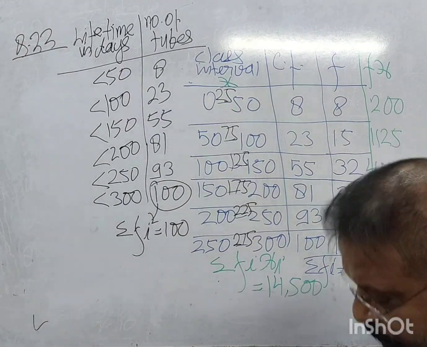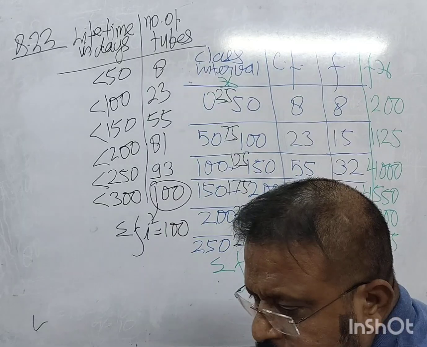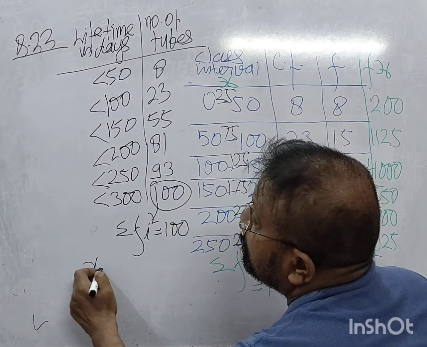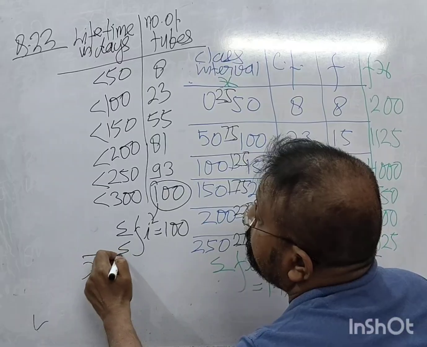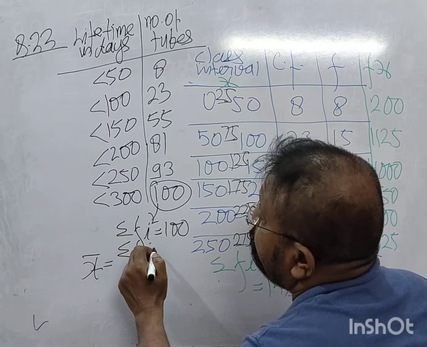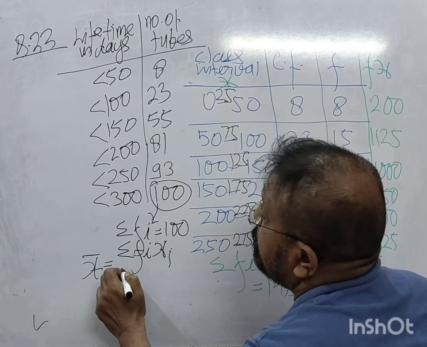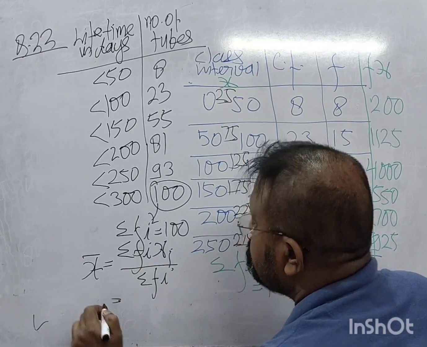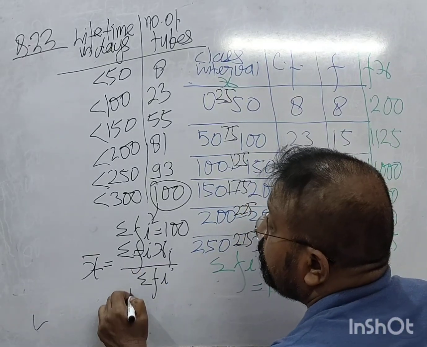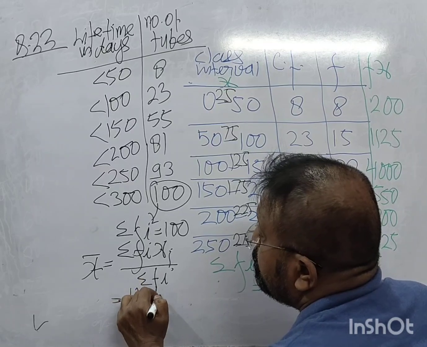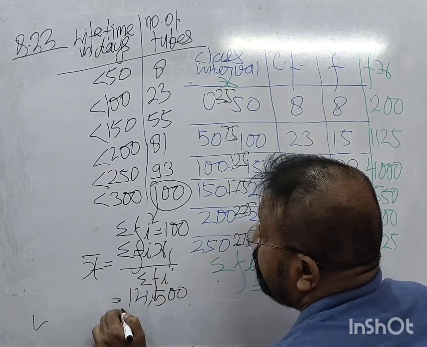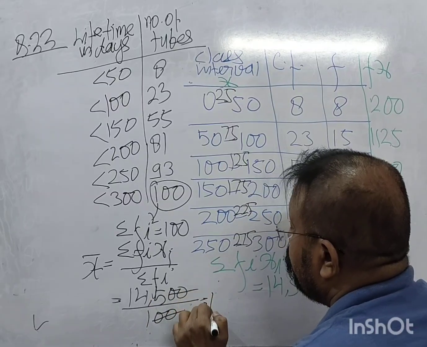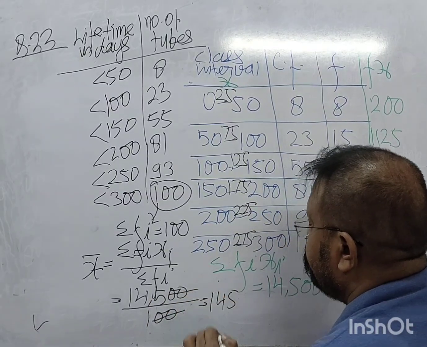So mean x bar is equal to summation of Fi xi upon summation of Fi. It becomes how much? 14,500 divided by 100. How much is your answer? 145.